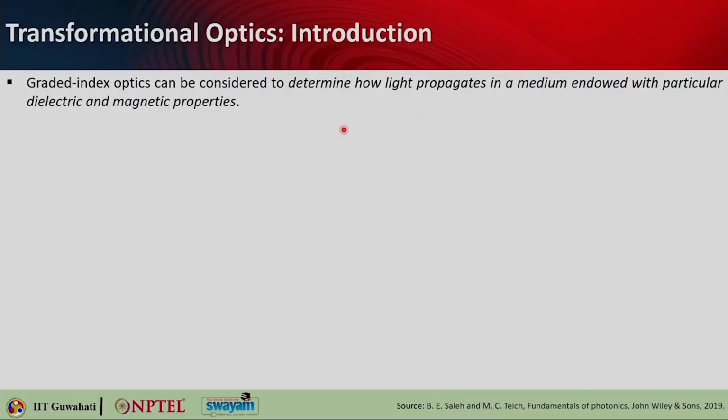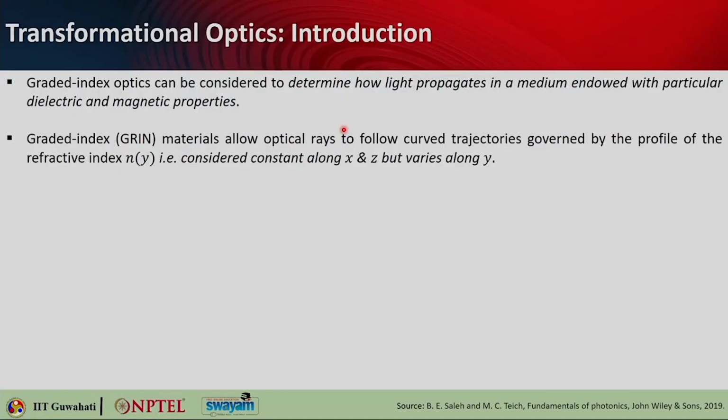You may argue that graded index optics allow you to do the same thing. Yes, graded index optics determine how light can propagate in a medium with particular dielectric and magnetic properties. Now when you take it further, you will be able to make light do anything. We'll look into those examples today.